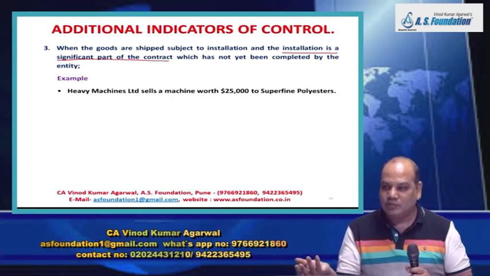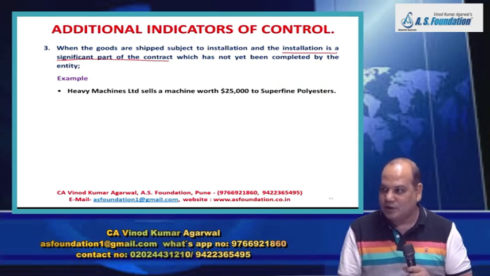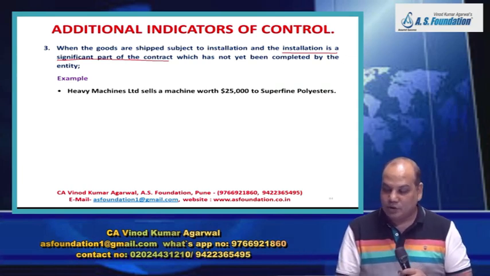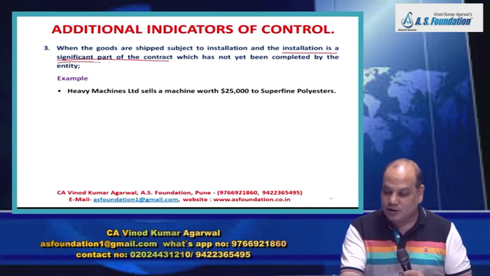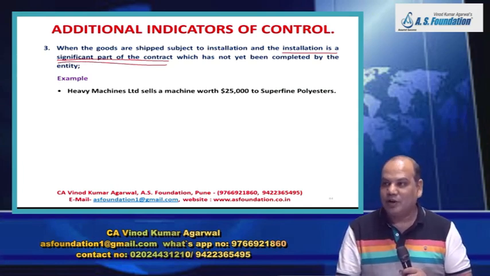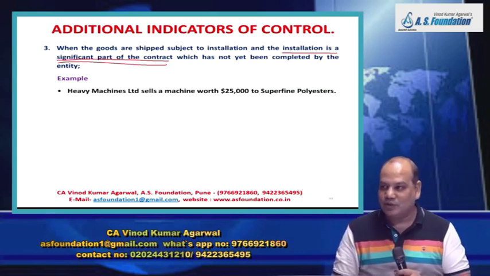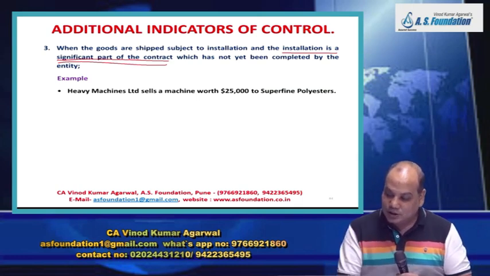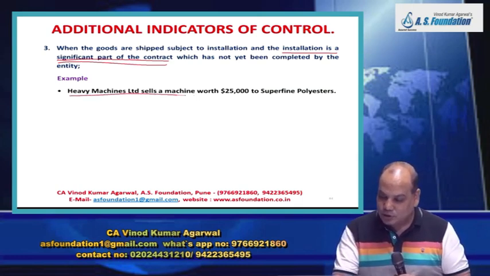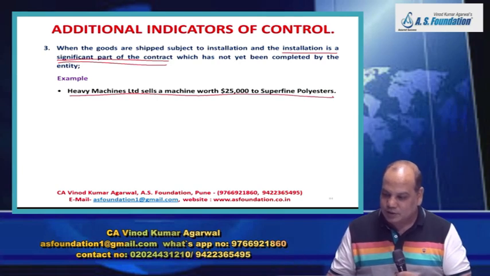It will work. It doesn't require any significant installation activity. But if you buy a generator set, a heavy machine, or this projector which you see every day, it is not a normal installation, then in that case, revenue will not be recognized until the installation work is complete.